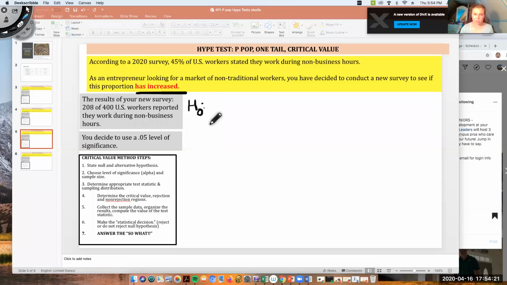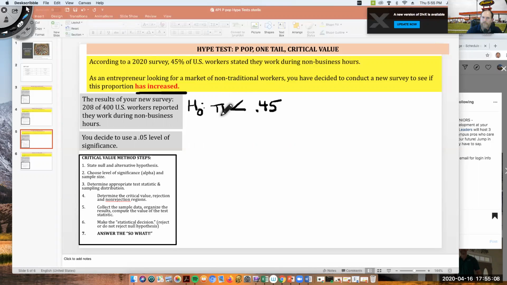I'm going to say it's has increased. Do I say it's less than 0.45, like that? Or greater than 0.5? You tell me. You want me to change this? Greater than. Okay.